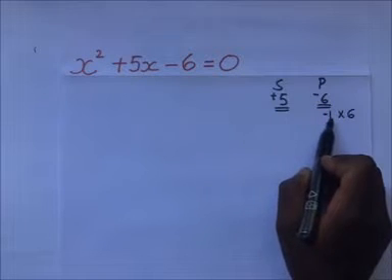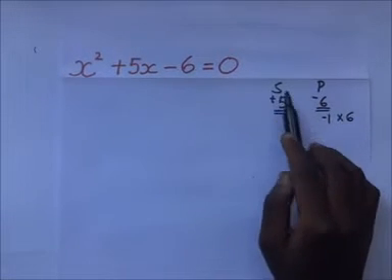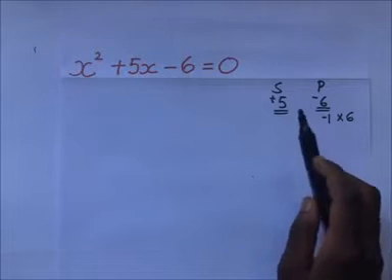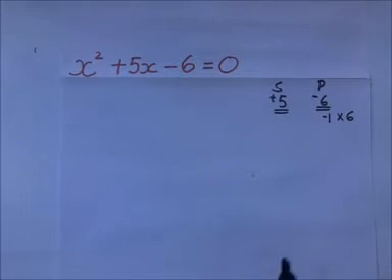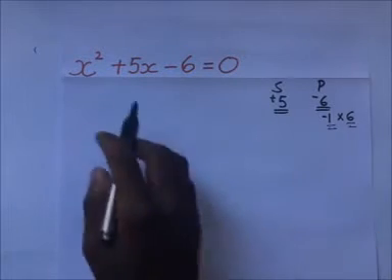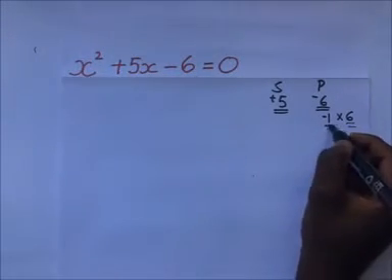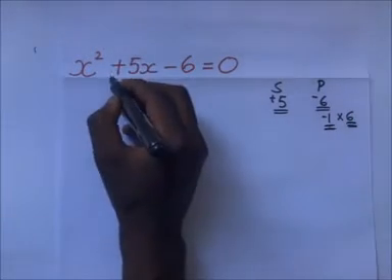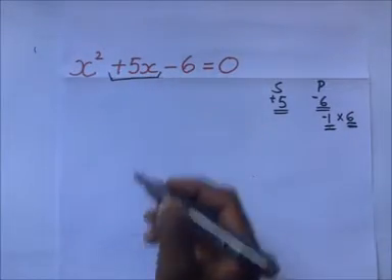Negative 1 plus 6 gives us a sum of positive 5. So out of all the factors of 6, we shall go with these two numbers, negative 1 and 6. We come, and this negative 1 and 6 are going to replace the middle term.